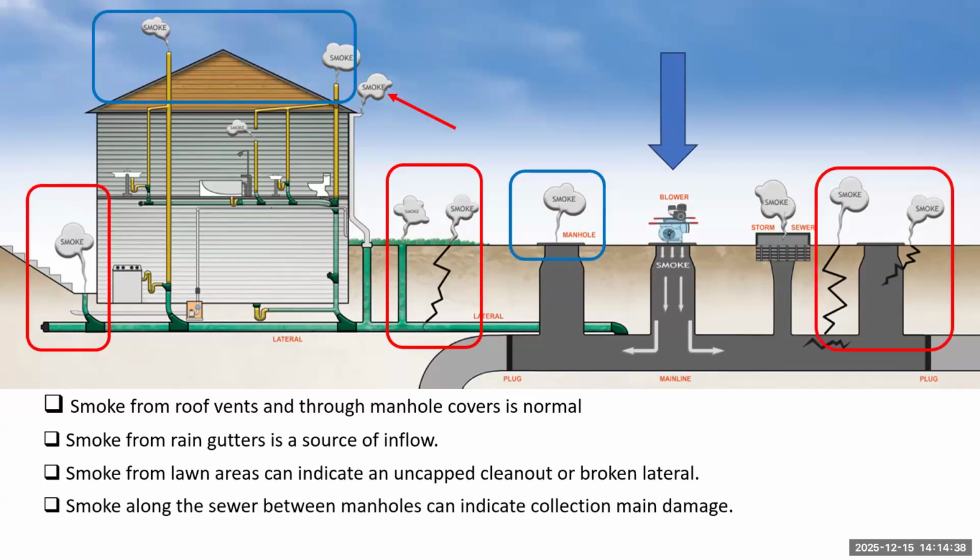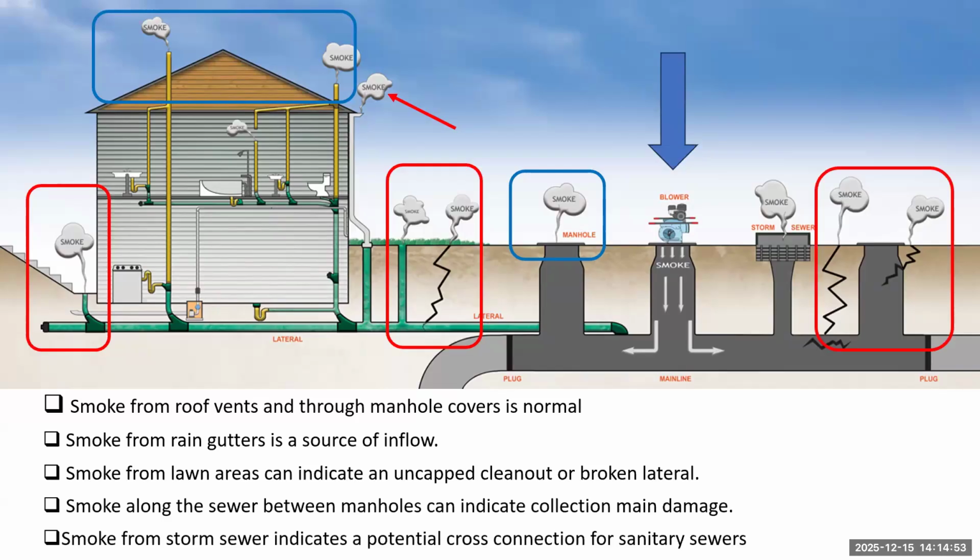You might also see smoke coming from points along the main where there's damage, or the sides of the casing of a manhole where there's actual cracks or damage and smoke is coming out, or smoke coming from a storm sewer, which would tell you that there's an interconnection between the storm sewer and the sanitary sewer.